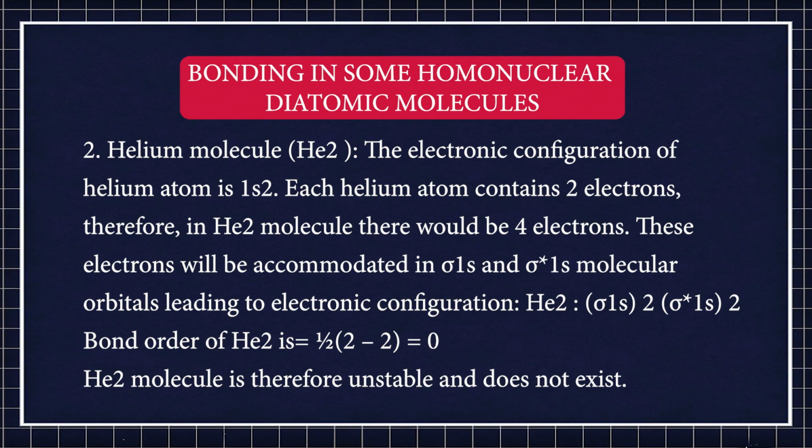These electrons will be accommodated in σ1s and σ*1s molecular orbitals, leading to the electronic configuration He2 equals σ1s² σ*1s². What is the bond order? That is half of (2 minus 2), which is equal to 0. It means the helium molecule is therefore unstable and does not exist.